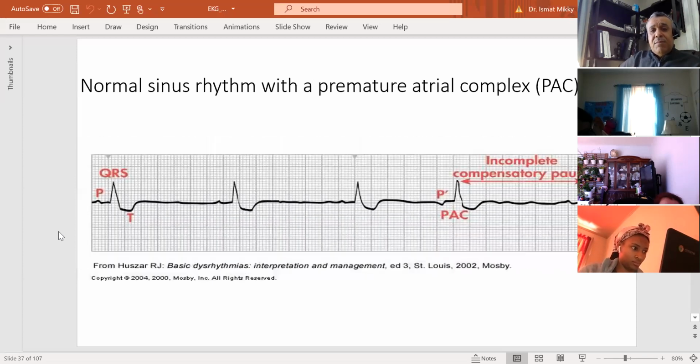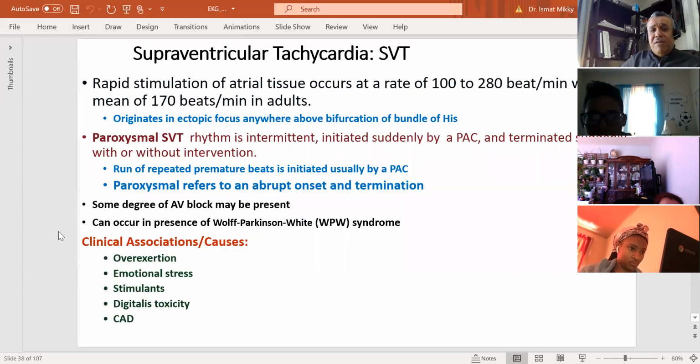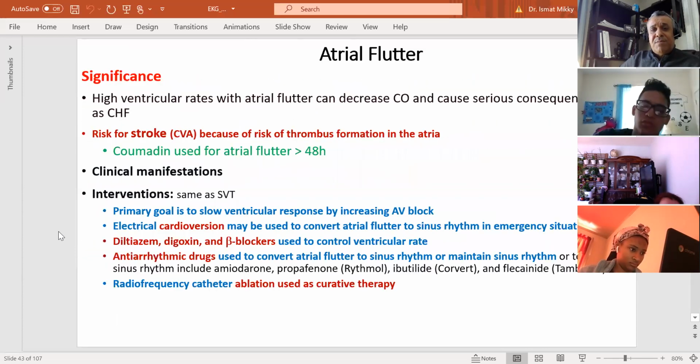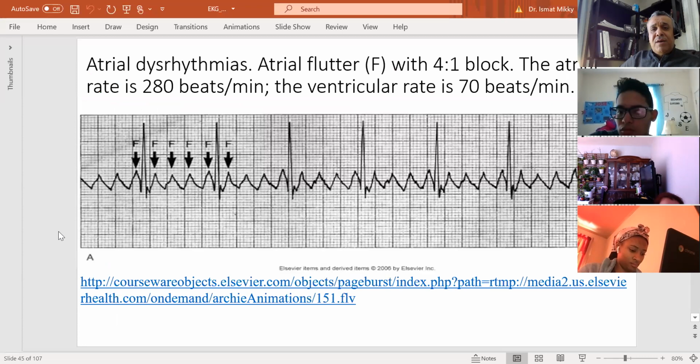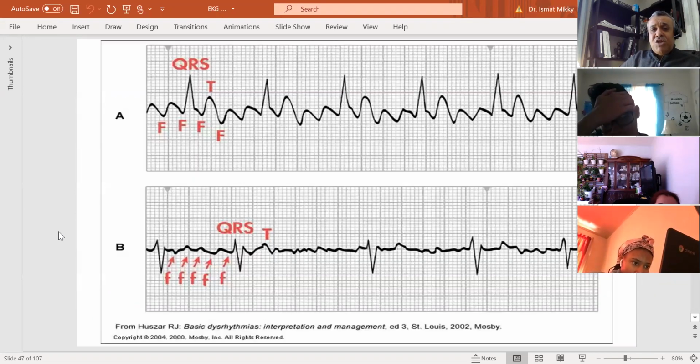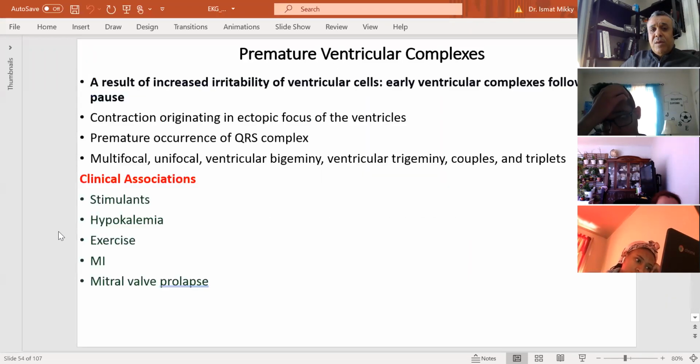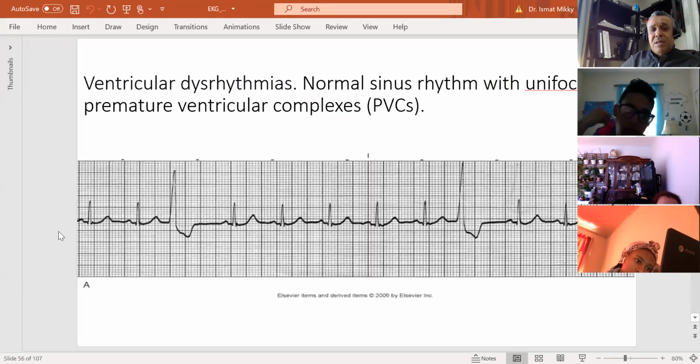I want to go to the PVC before going to the SVT and AFib, because all of these are atrial dysrhythmias. Then the PVC, premature ventricular contraction, which is this one.